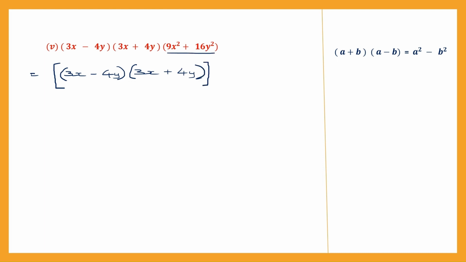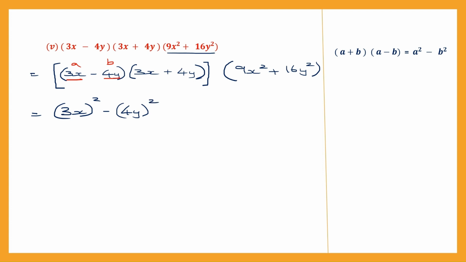Now let's take the last one, which is 9x square plus 16y square. So now let's work out this one with the help of this formula. So 3x will be a and 4y will be b. So this is a and this is b. So a square means 3x the whole square minus b square means 4y the whole square.